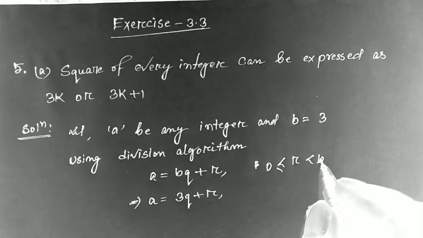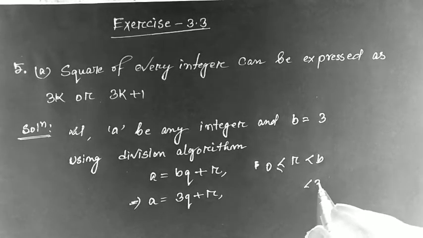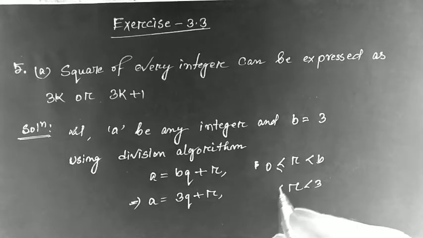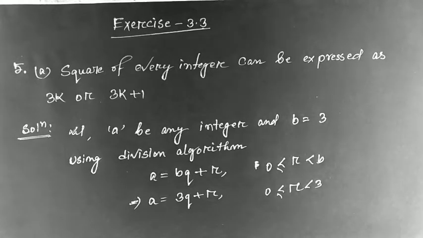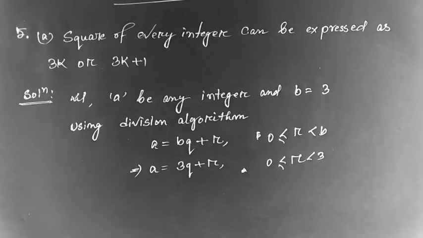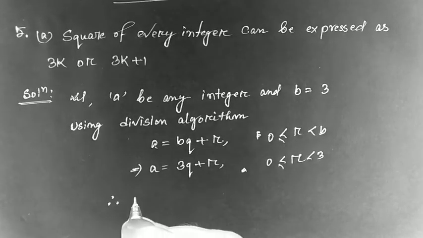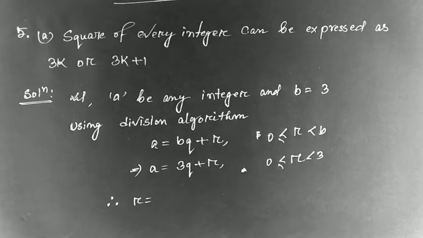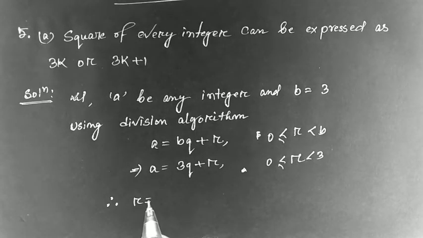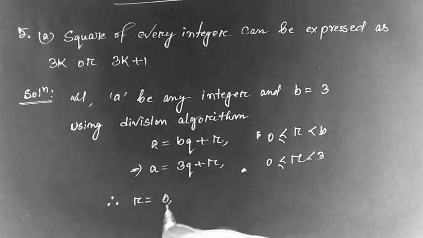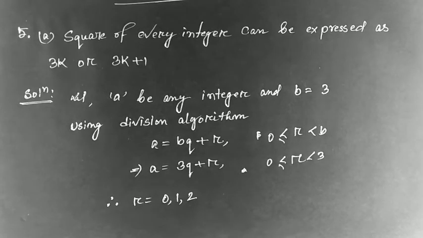Here r is greater than or equal to 0, no? So therefore what are the possible values of r? The possible values of r are 0, 1 and 2, no?